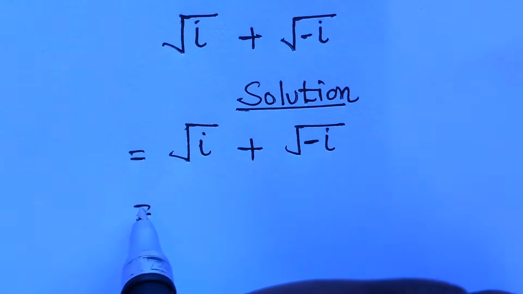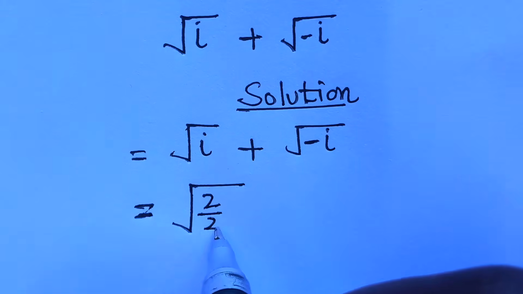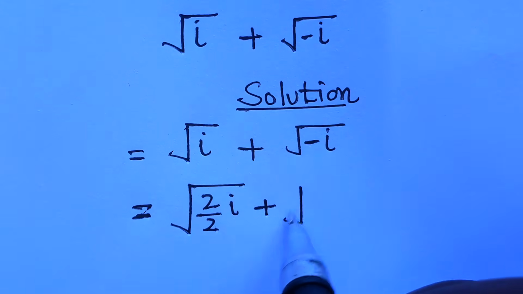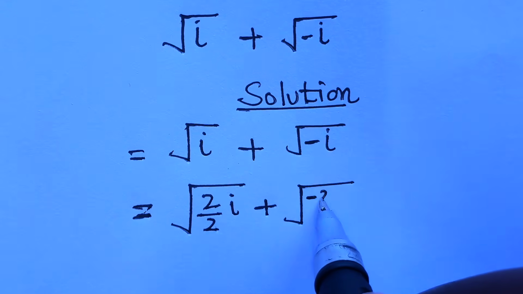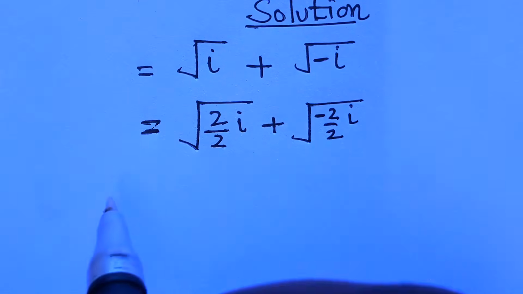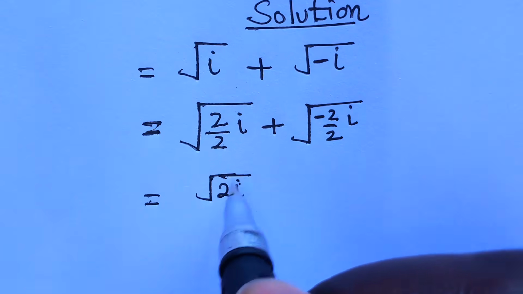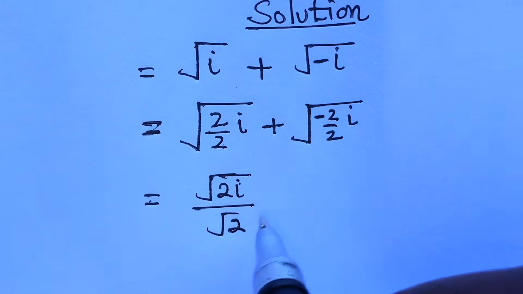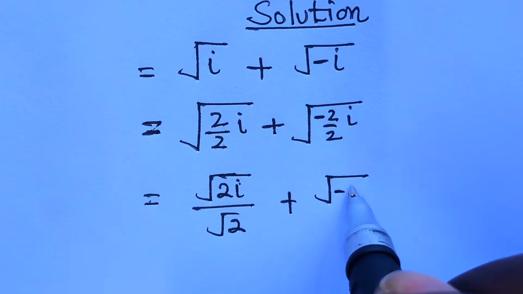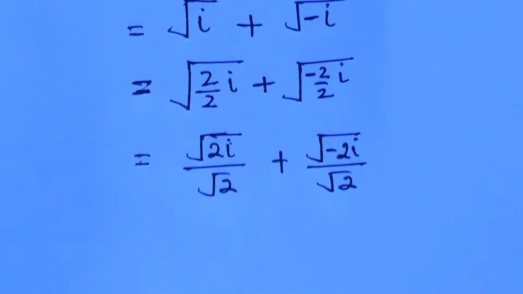Simply, we can say this is equal to the square root of 2 over 2 times I, so that nothing changed, plus the square root of negative 2 over 2 I. By separating them, we can say square root of 2I over square root of 2 plus square root of negative 2I over square root of 2, right?